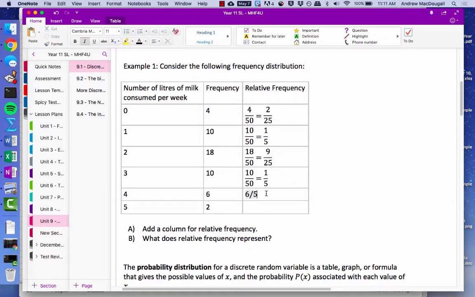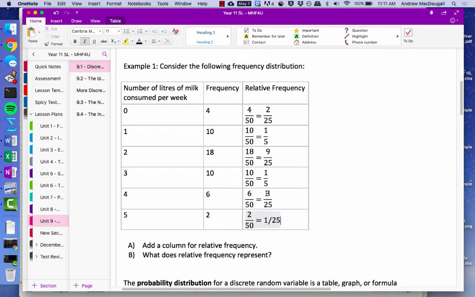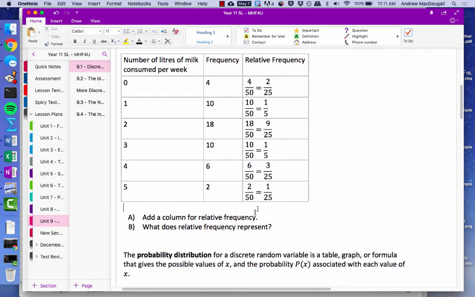Here we've got 6 over 50, which is equal to 3 over 25. And finally, 5 liters of milk per week, we have 2 over 50, which is 1 over 25. Great. And that's the relative frequency.